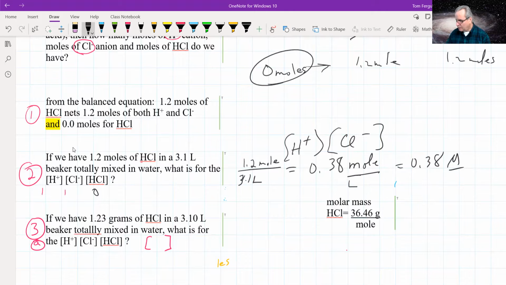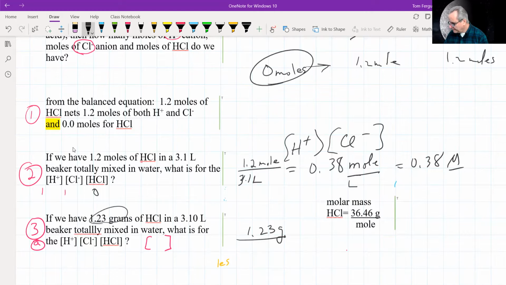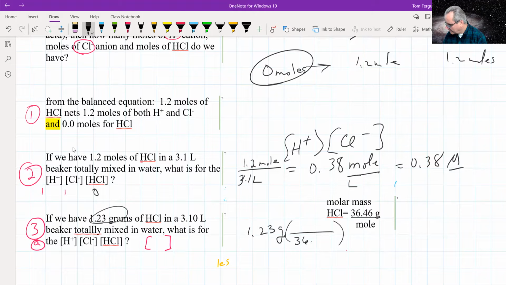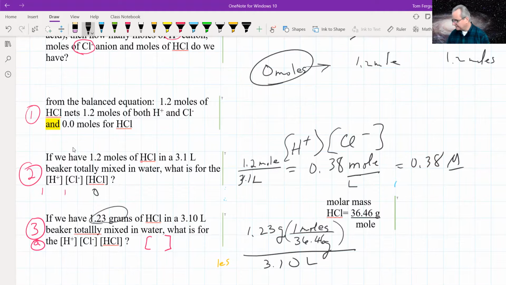If I said instead of 1.2 moles, I had 1.23 grams, we have to first convert the grams to moles. So that would look like this, all in 3.1 liters.